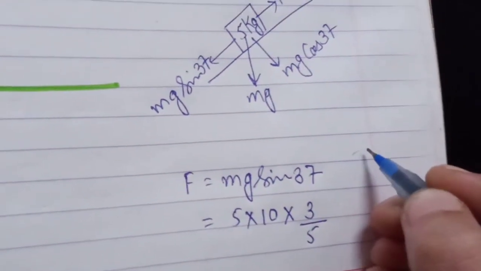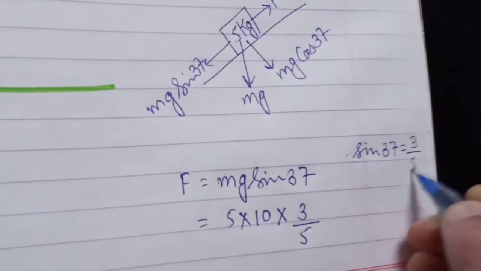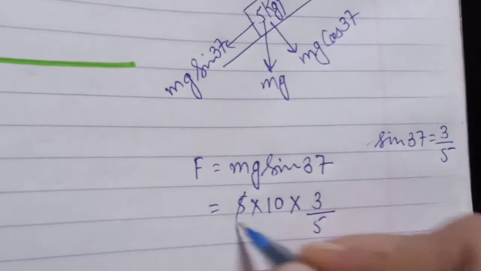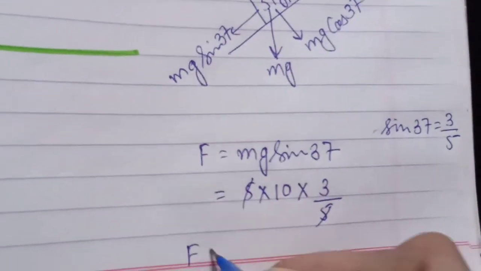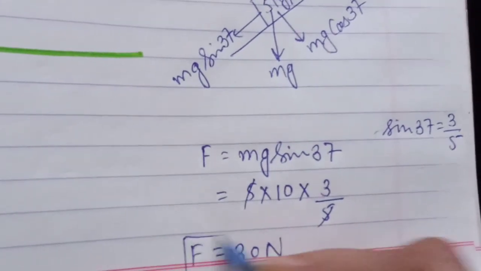The value of sin 37 is equal to 3 upon 5. Remember this value. Okay, the value of F is equal to 30 Newton.